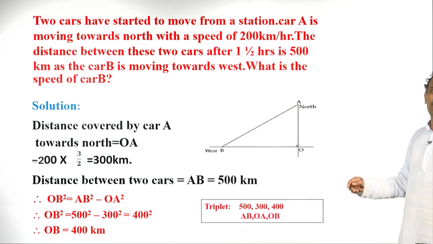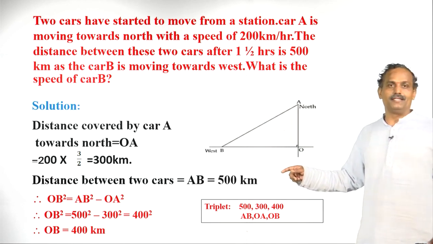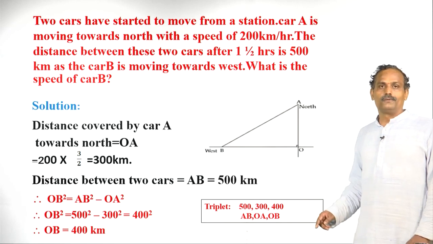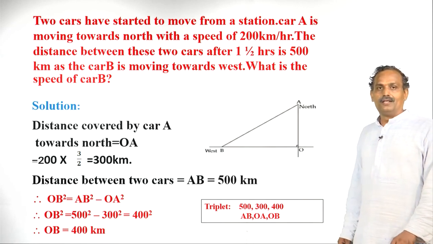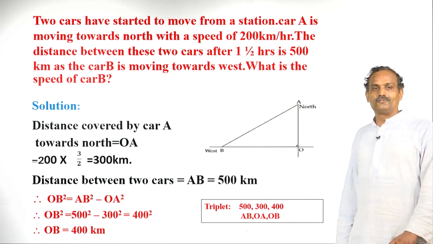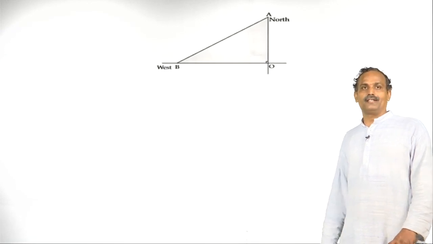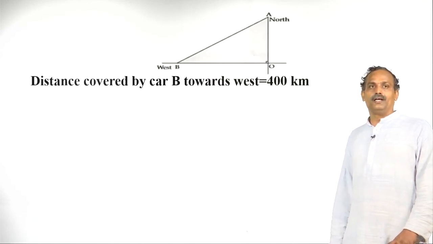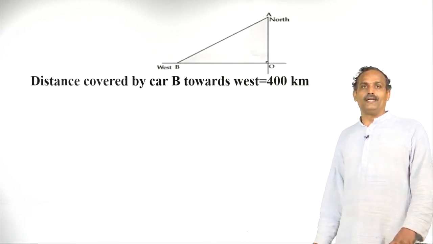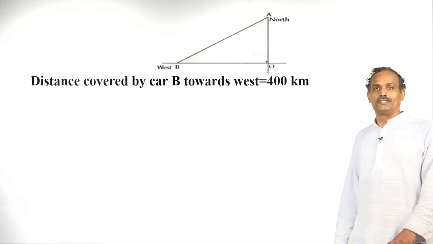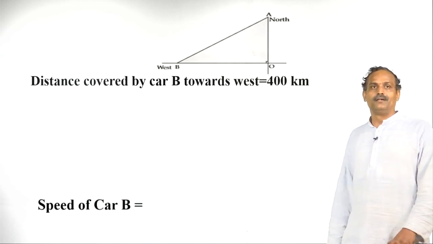If AB represents 500, OA shows 300 and OB is 400. Therefore, we can predict OB as 400 itself. Now, let us continue the problem. I have redrawn the diagram here. So, the distance covered by car B towards west is 400 kilometers, we have found it.